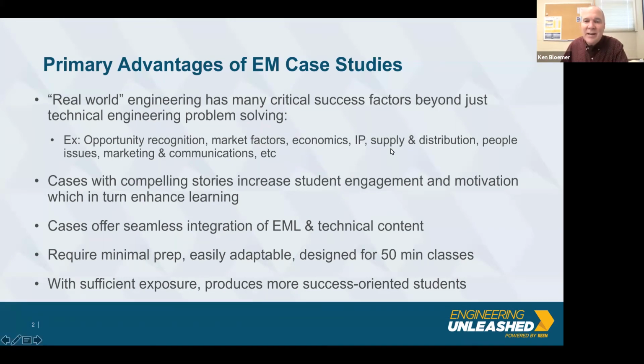In one of the cases that I'm going to briefly mention later, the design was dictated by the supply of materials and the time frame. People issues are everywhere. We're not going to get a lot into people issues, but those certainly have a lot of issues. Marketing and communications, the whole ball of wax. So cases are much more realistic for our future engineers to be looking at.